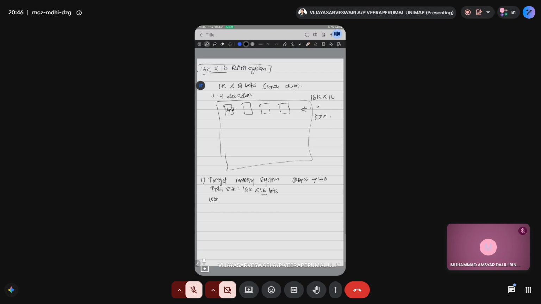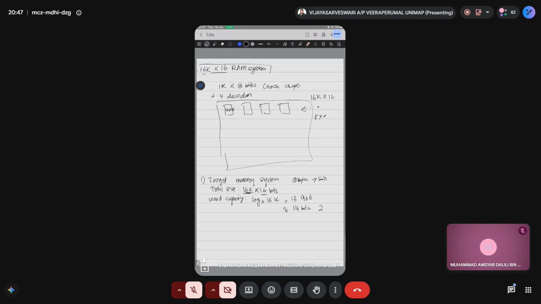Then our word capacity is log 16K divided by log 2, so you will get approximately 13.966, which is about 14 bits.